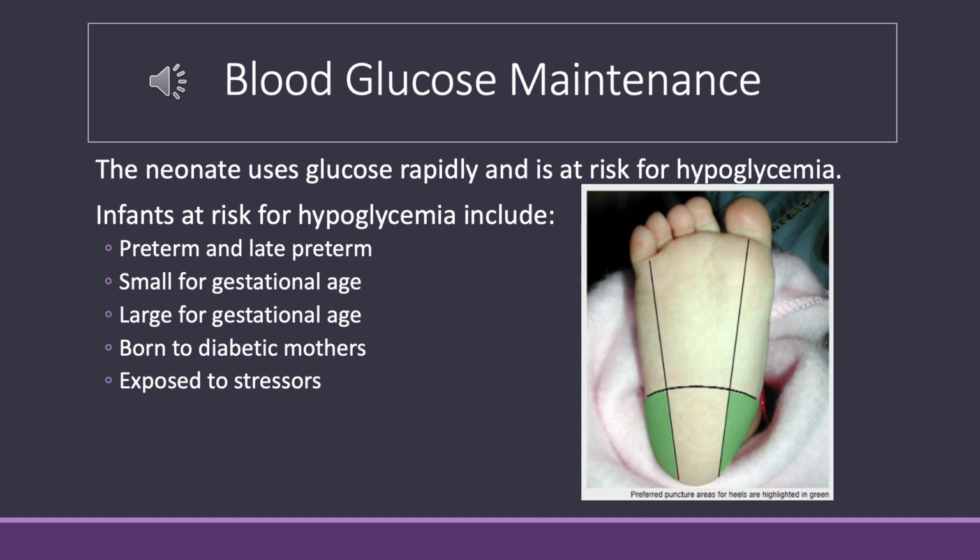These infants should be monitored closely for signs and symptoms of hypoglycemia, such as jitteriness, poor muscle tone, etc. They also are usually on some form of glucose monitoring per protocol at any facility.